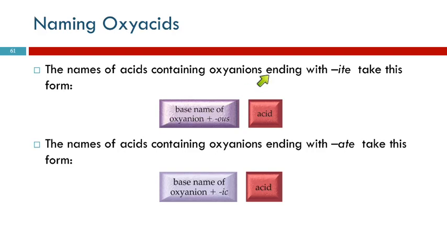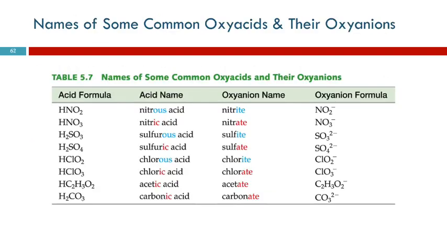So if it has an ion that ends in "ite," so that could be hypochlorite or it could be chlorite, it's going to change the "ite" to "us." So hypochlorous or chlorous acid. If it ends in "ate," you change the ending to "ic." Notice there's no hydro at the beginning. You just change the name of the oxyanion and stick the word acid on it.